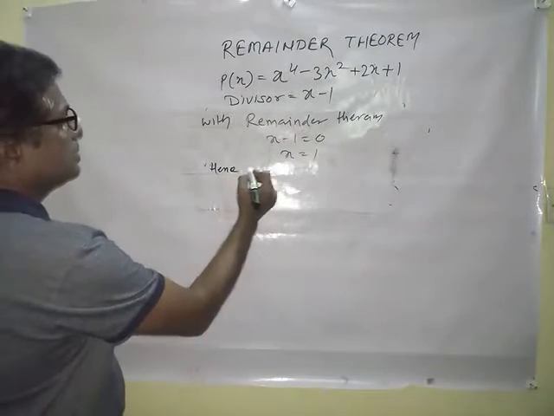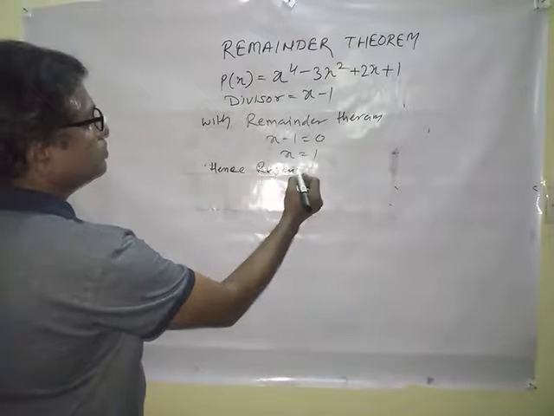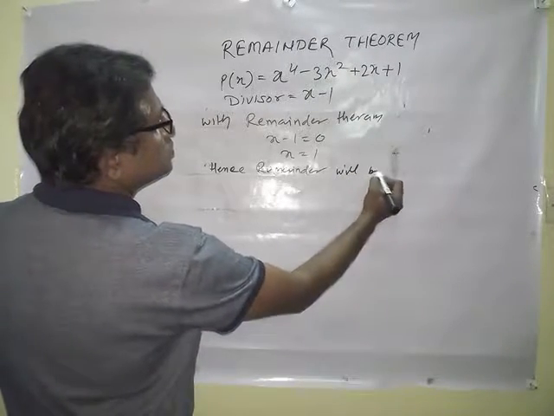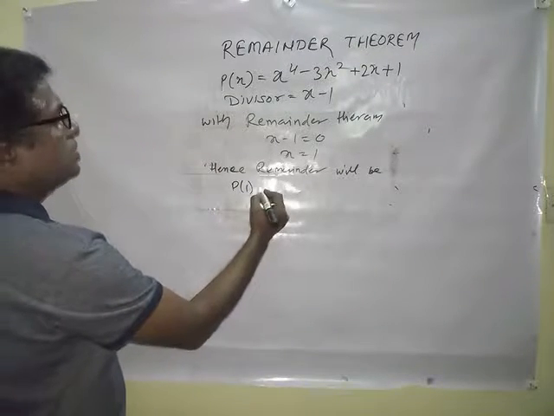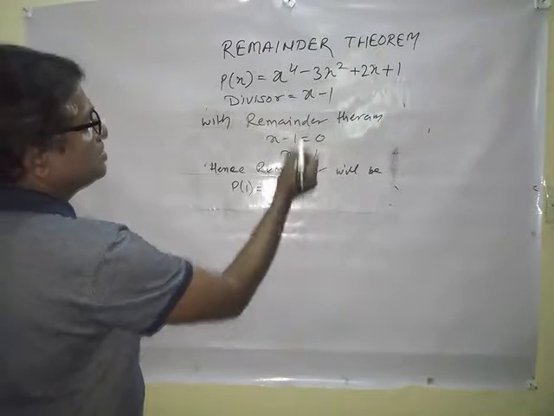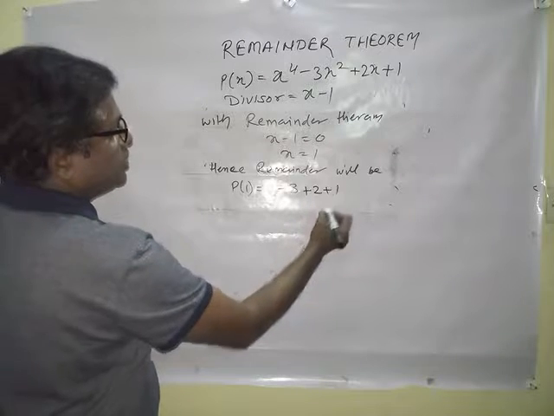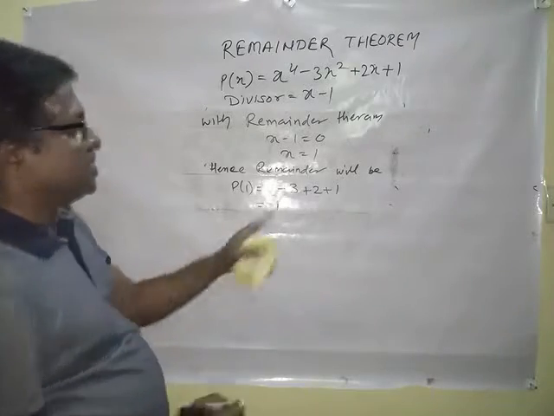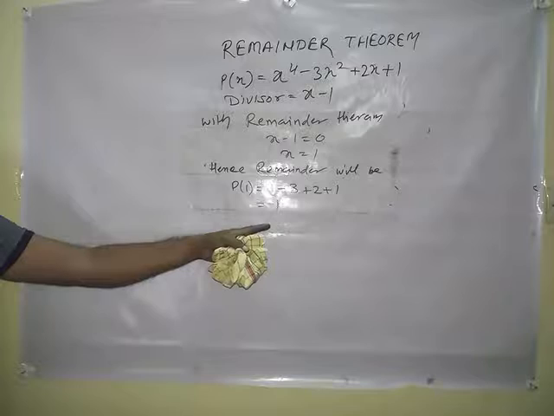Hence the remainder will be P(1), which is 1 raised to power 4, that is 1, minus 3, plus 2, plus 1. Minus 3 and this will get cancelled, and the remainder will be 1. So that is your answer.